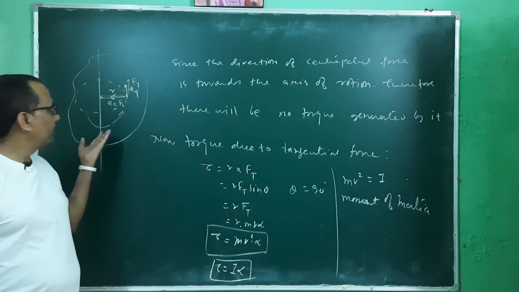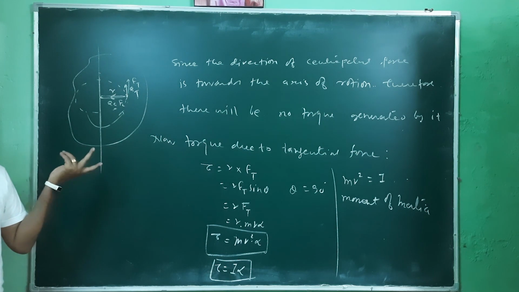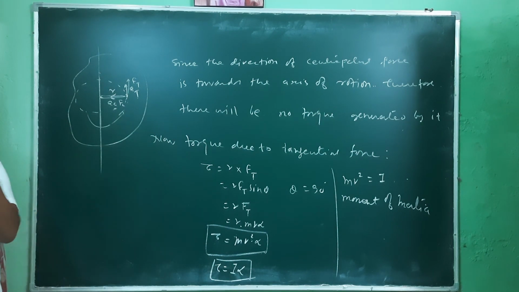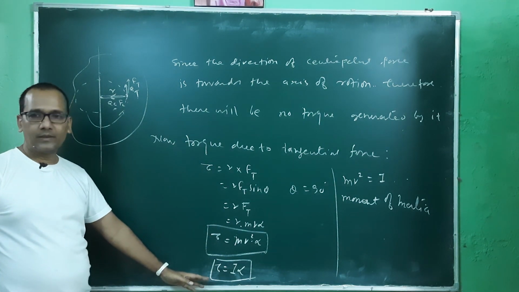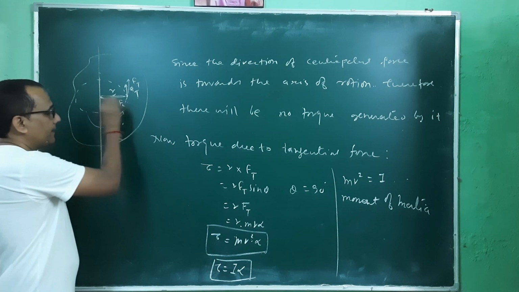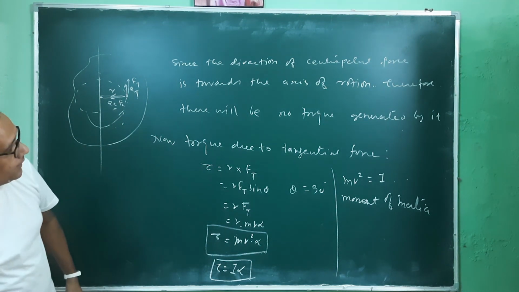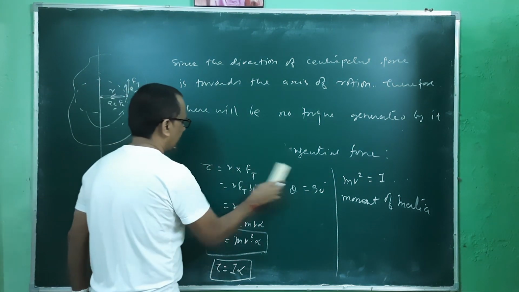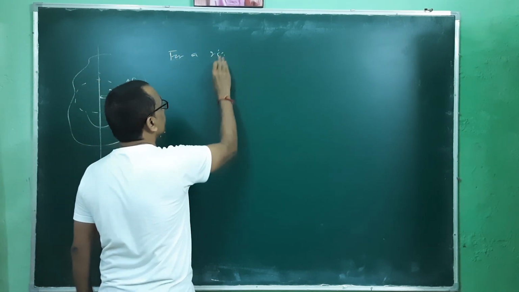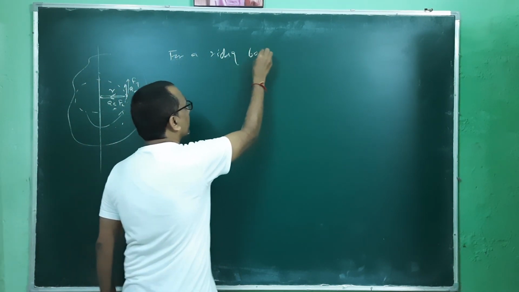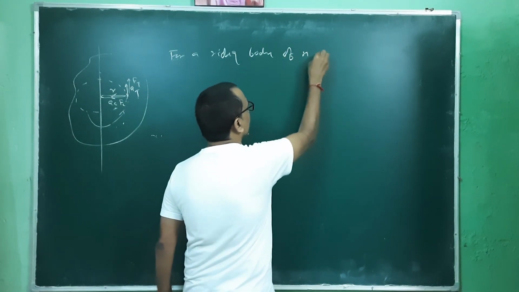Okay, now to convert this for an n-body system: we have calculated this for a single point system. Now you can convert this for the n-body system. We have n particles, for a rigid body of n particles.